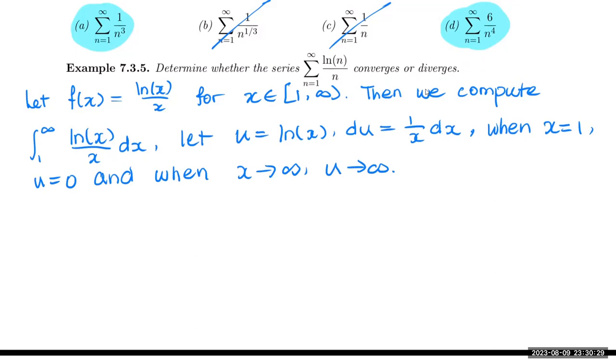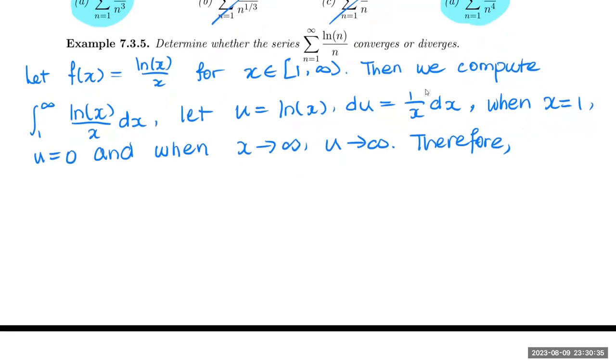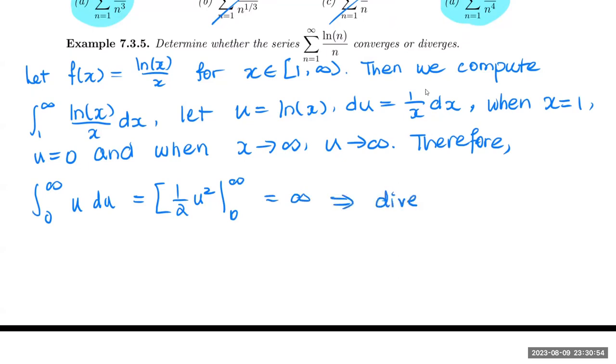So therefore, we now have the integral from 0 to infinity of u du, which if we compute this, we get half u squared between 0 and infinity, which turns out to be just infinity, therefore diverges.